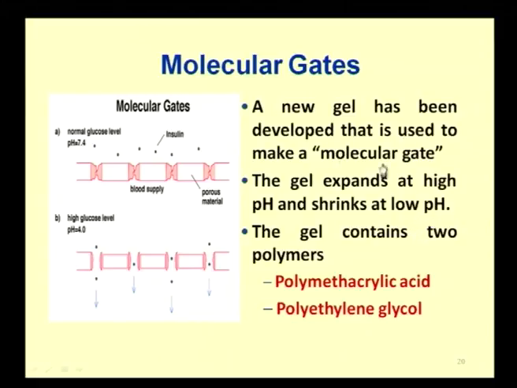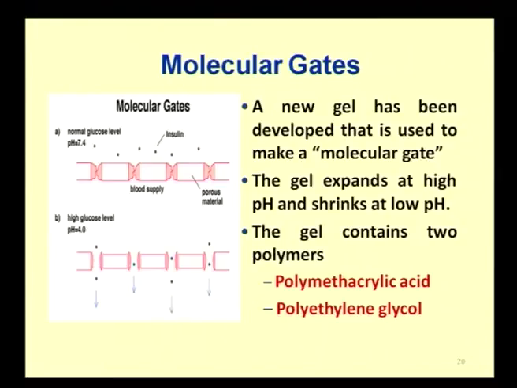That means the gel which is going to behave as a molecular gate has the capacity to either shrink or expand depending on the outside pH, whether it is acidic or neutral or basic. In this case, the gel is going to expand at high pH and it is going to shrink at acidic pH.